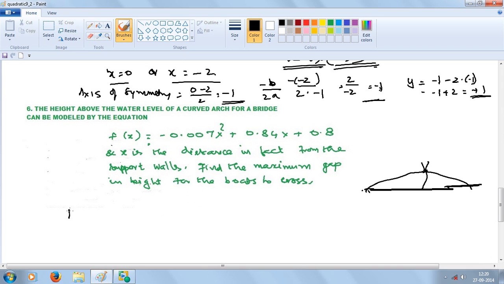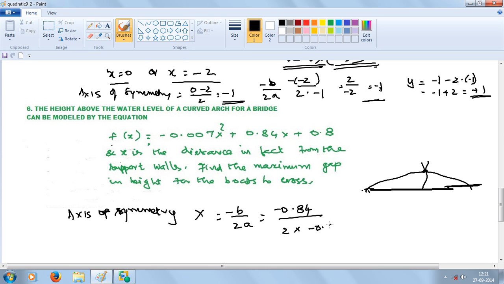So what you have to find? Find first the axis of symmetry. What is it? x is equal to minus b by 2a. So in this case, minus b is minus 0.84, and 2a is 2 multiplied by a, which is minus 0.007.